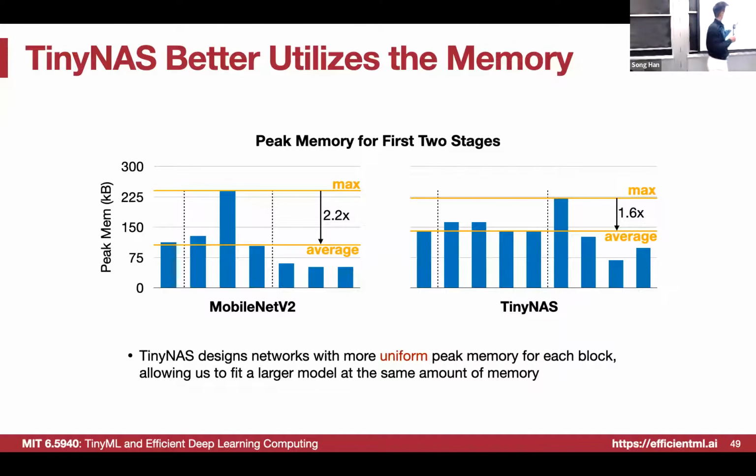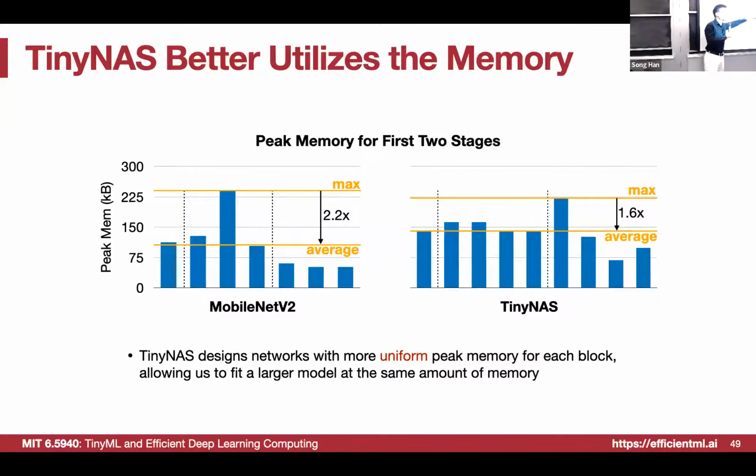After all this process, we compare MobileML and TinyNAS, which is our search model. What do we find here? We care about the peak activation memory, which determines how much SRAM we can fit. There's a pretty big gap for MobileML, but for our search model the gap is smaller, and it better utilizes the available resource.